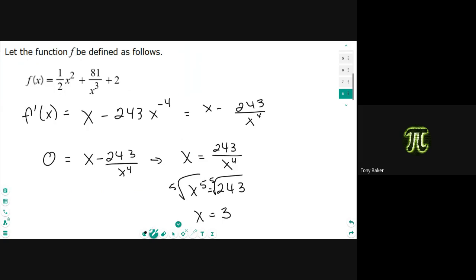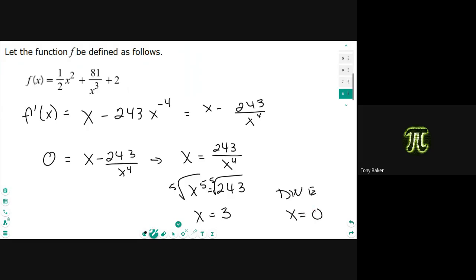Are there any other critical numbers? Does the function not exist at x equals 0, or does the derivative not exist at x equals 0? The derivative does not exist at x equals 0.